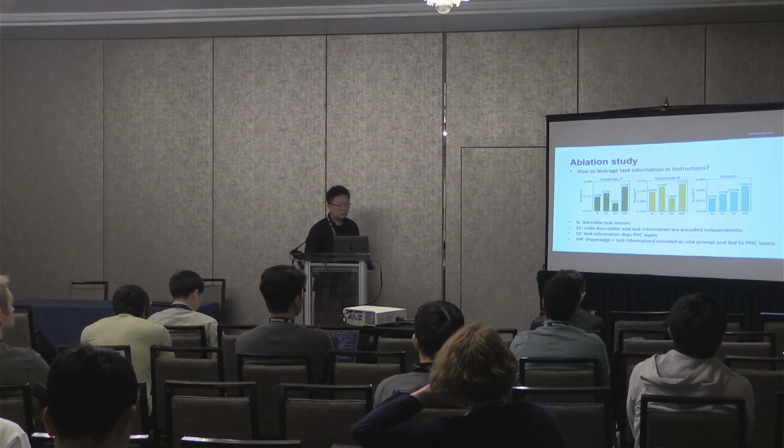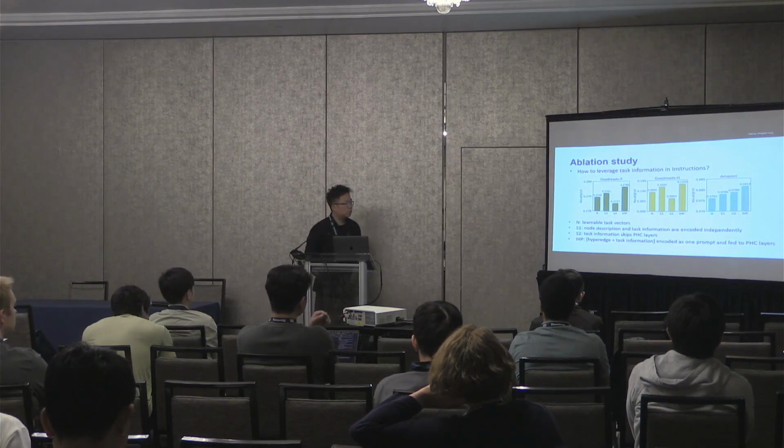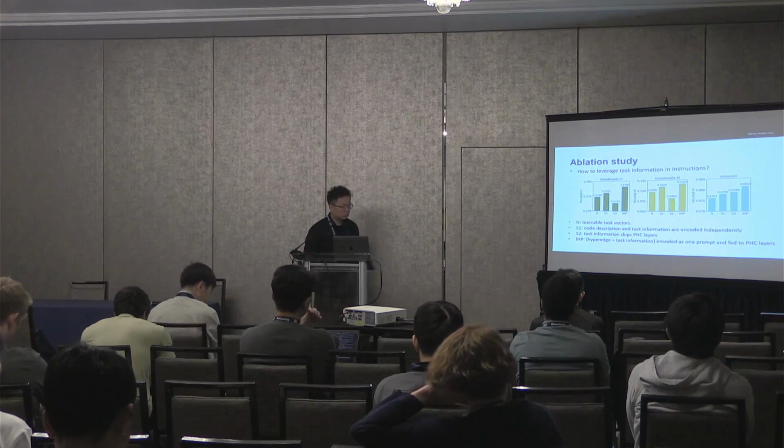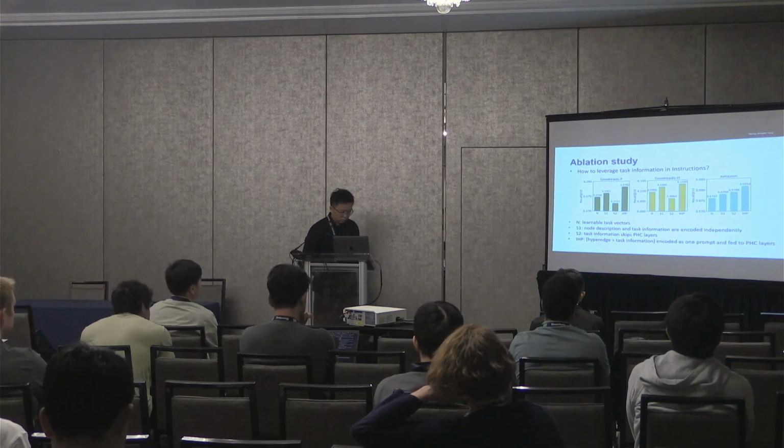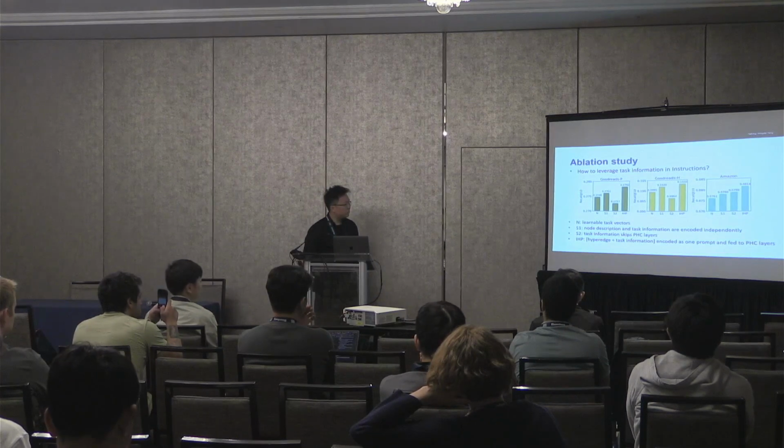The second variant is the node descriptions and task descriptions are encoded by the pretrained language model separately and then concatenated for prompt transformation. The third variant is that we let the encoded task information skip both prompt transformation and hypergraph convolution and only concatenate it to the final node embedding for prediction.